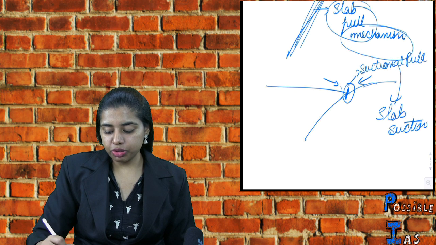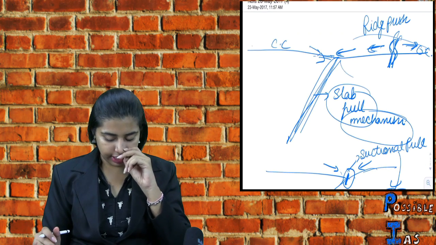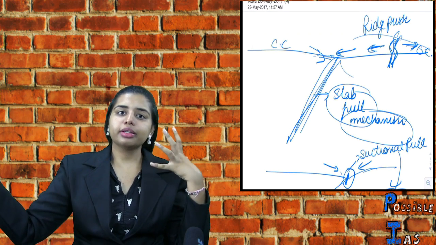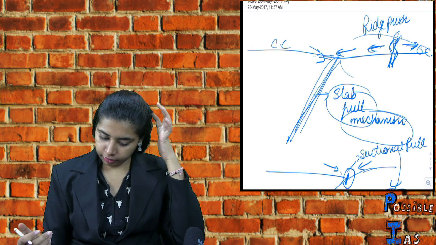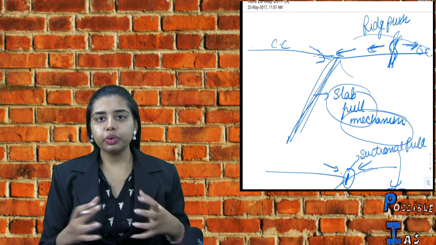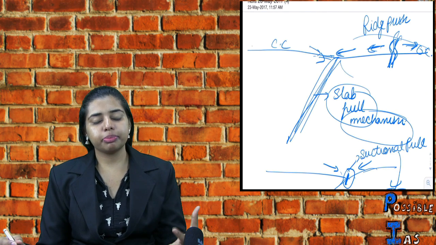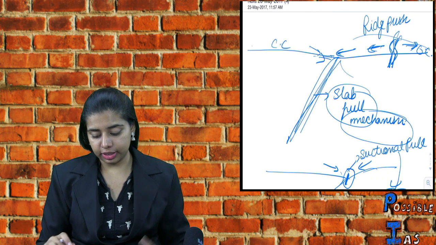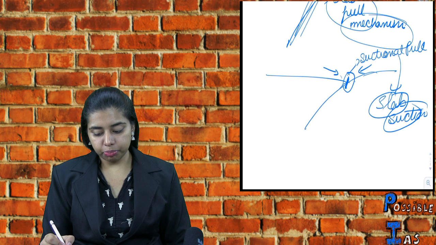So there are three types of forces. One is slab pull, where the denser plate which is subducting tries to pull the rest of the trailing slab along with it. Second is the ridge push, where the new ridge is formed and it pushes the old parts away from each other, and that forms another force which drives plate tectonics. And the third one is finally slab suction.